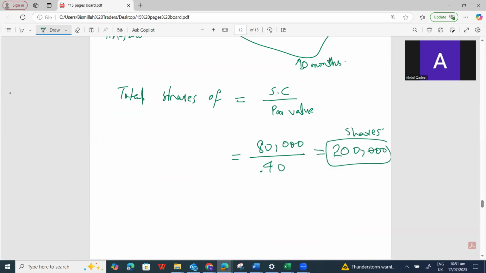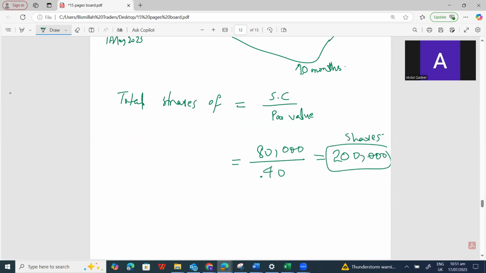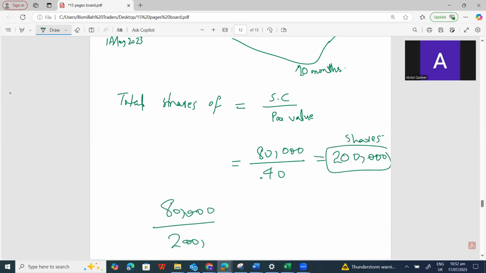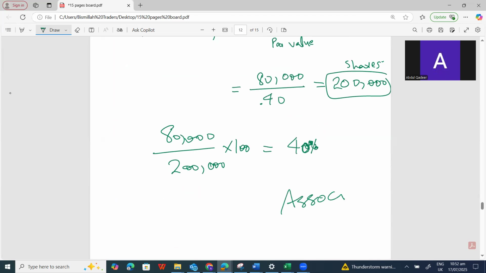So out of 200,000 shares, Emma bought 80,000 shares, which is 40%. So it's under the 50% threshold, and it is treated as an associate.